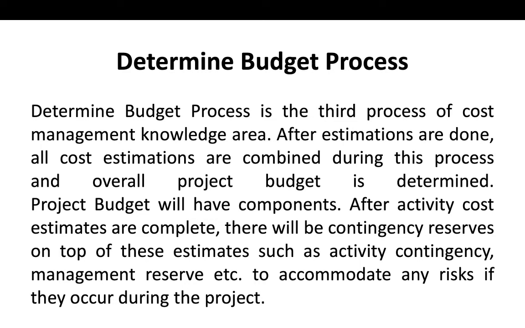We will check all the activities' risks, whether there are any risks and how we will handle those risks which can affect our cost. So all this planning is done in the determine budget process.